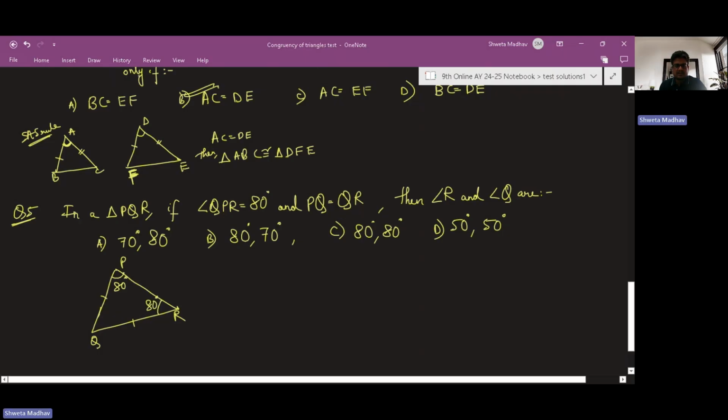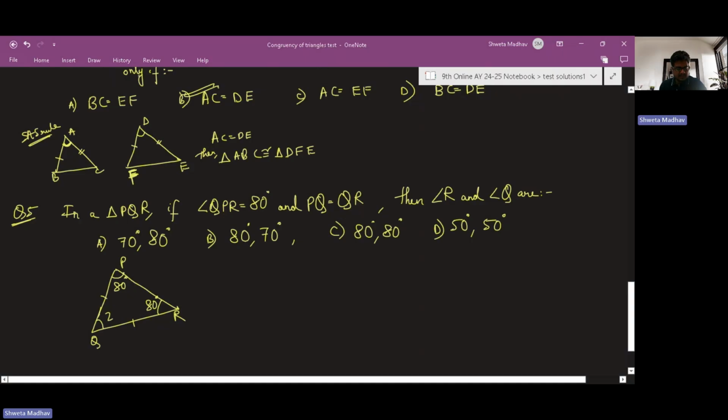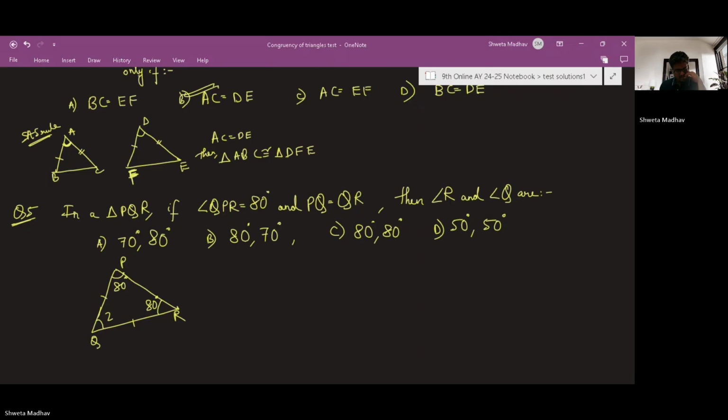So angle R, so angle Q, this will be 160. 2 eights are 16, 160. Angle QPR is 80 degrees and PQ is equal to QR.